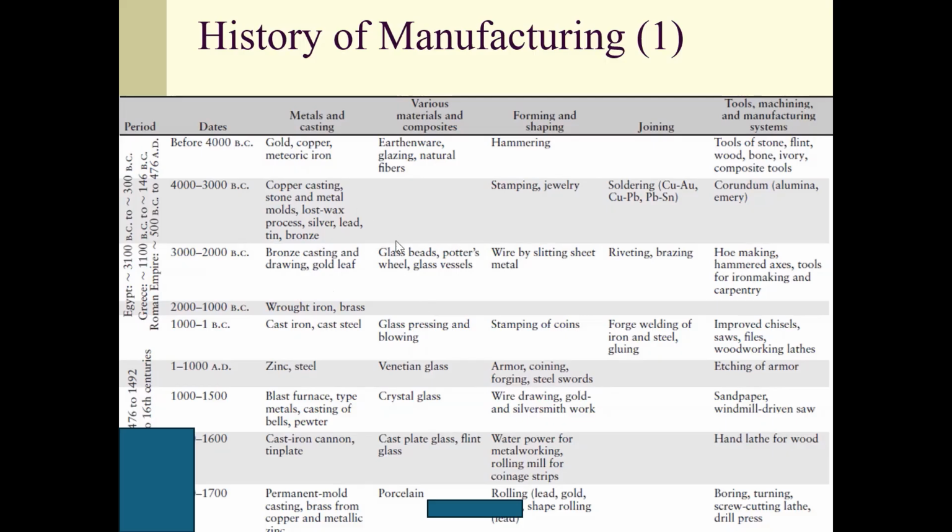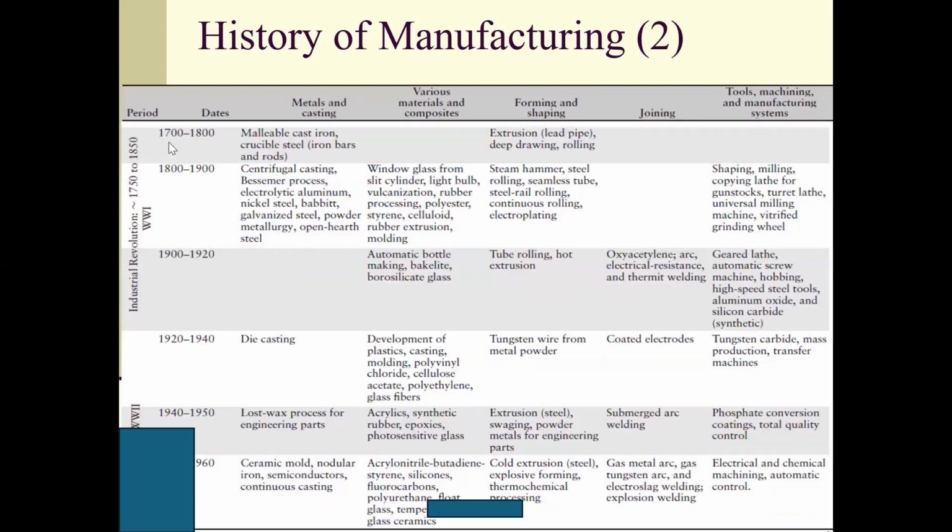You can just take a look at this one. This slide is too informative. It contains a lot of information, and you can take a close look at this. This is continued from 1700 to 1800 until the recent, contemporary time. You can see the different materials have different needs, and these are the manufacturing processes.